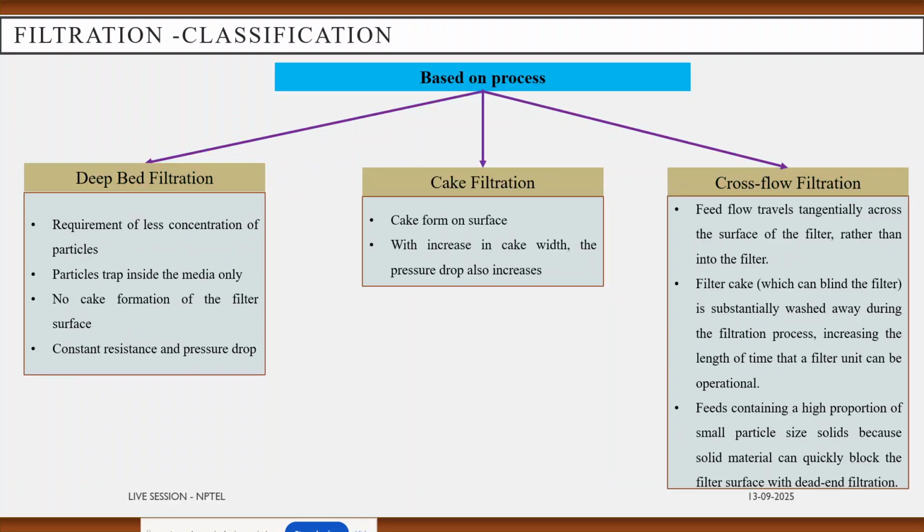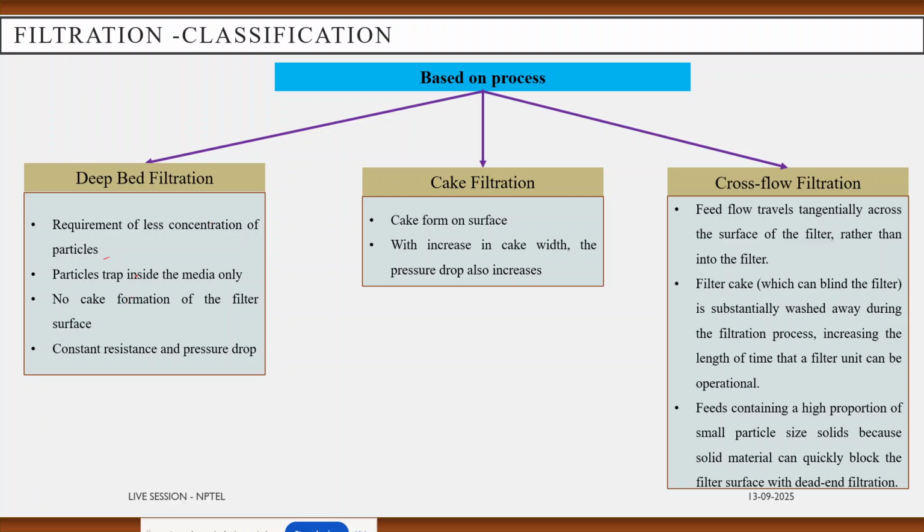The next basis on which we are going to classify filtration is the process that we are having. First is deep bed filtration. It requires a low concentration of particles, so we can use very dilute slurry for deep bed filtration. This deep bed filtration is also known as clarification.